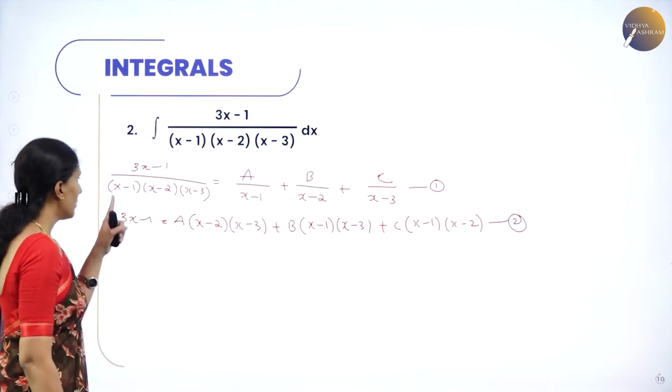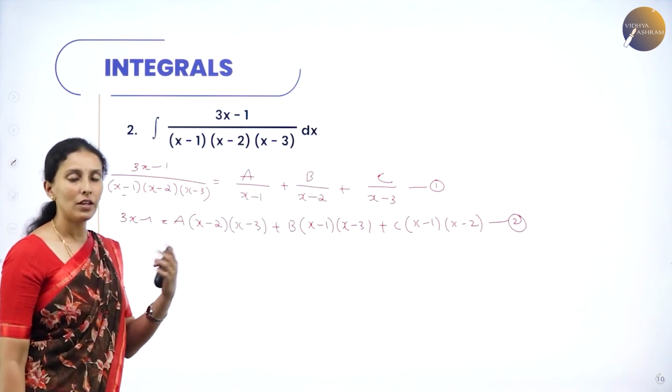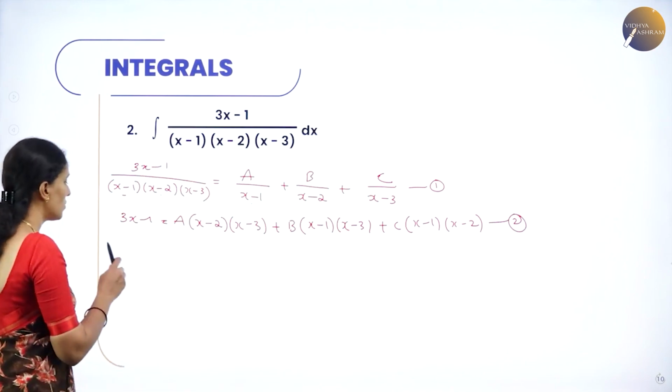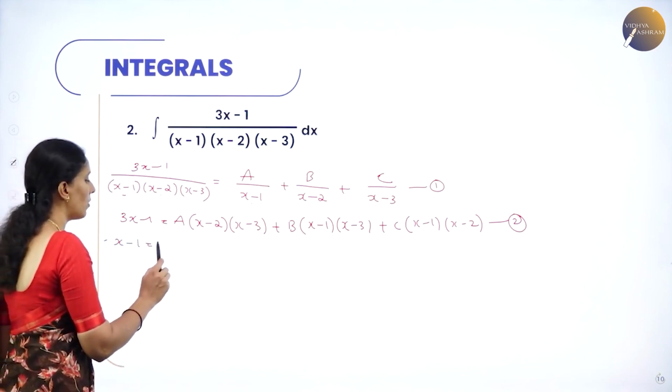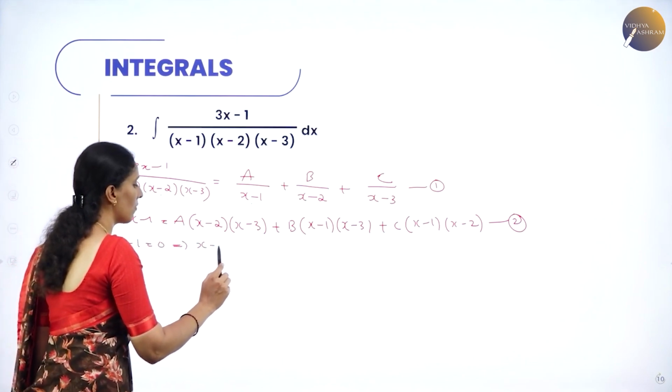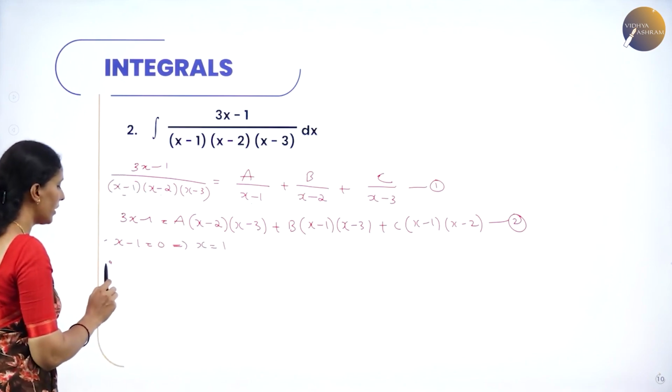Now you have 3 factors. So use the 3 factors, put each as 0. So x minus 1 is equal to 0 implies x is equal to 1. So put x is equal to 1 in equation 2.